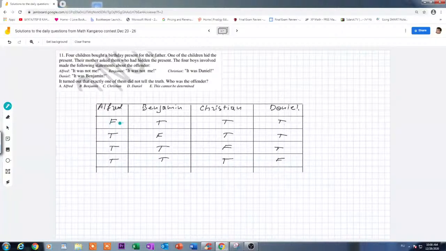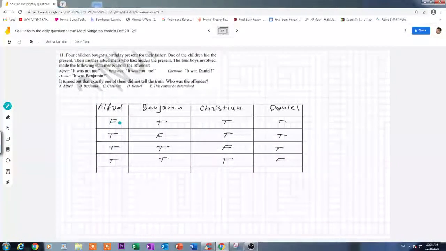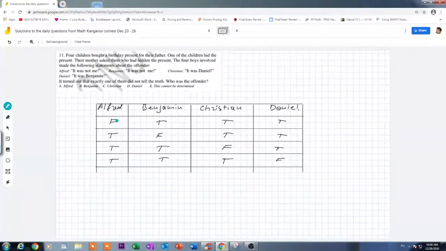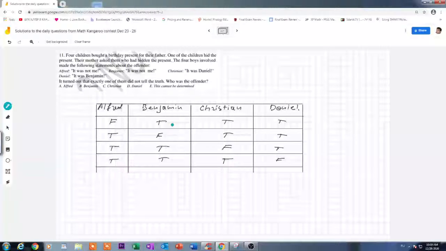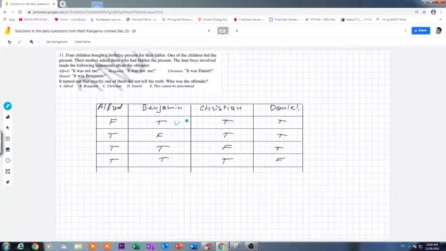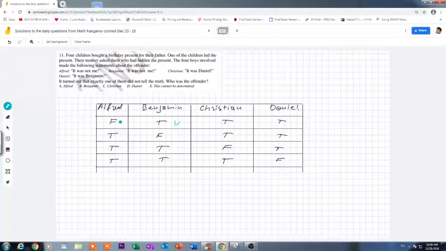Alfred said it was not me, so he lied, which means that Alfred hid the present, right? Benjamin said the truth, so this is okay. Christian said it was Daniel, right?